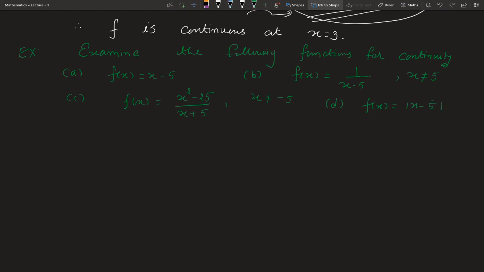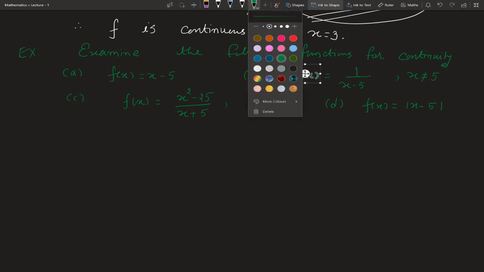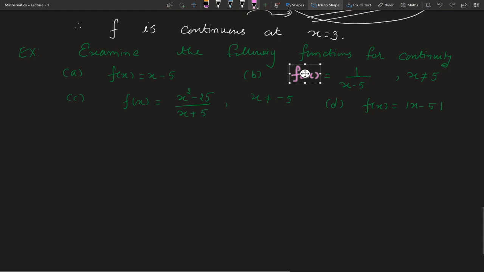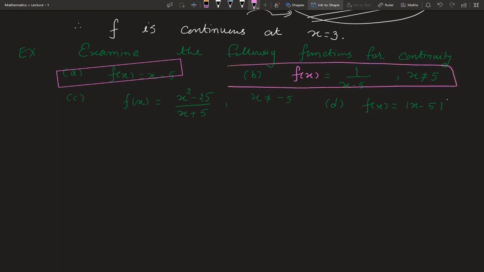So first, note and check the sums. In total we have 4 sums. In the first one, f of x equal to x minus 5 is defined. Second one, f of x equal to 1 upon x minus 5.